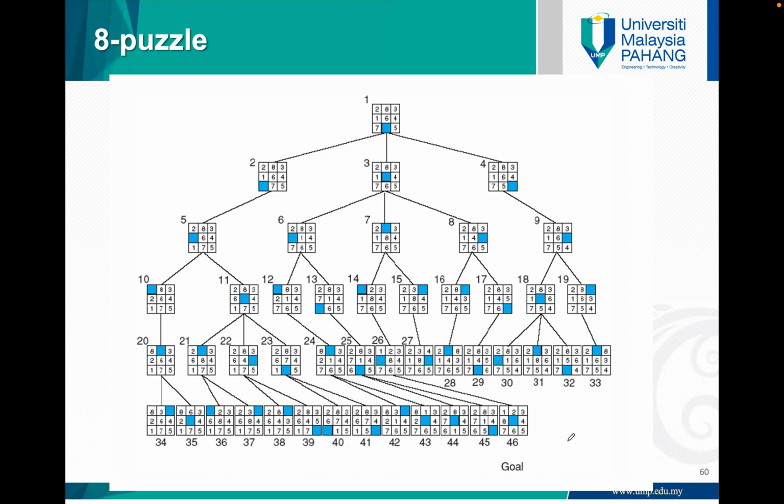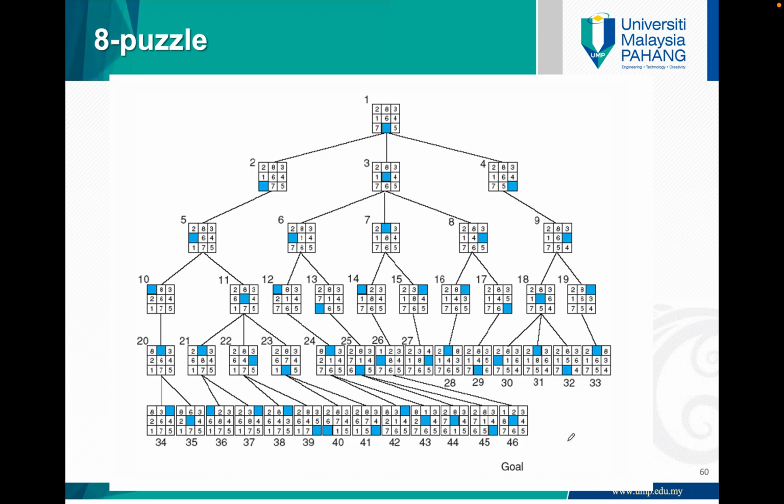You can switch the position of the blue box with number 7, and it will be on the bottom left of the puzzle. And you can change the position with number 6 to be in the middle of the puzzle. And you can also change the position with number 5, and then it will be on the bottom right of the puzzle. Now you expand.